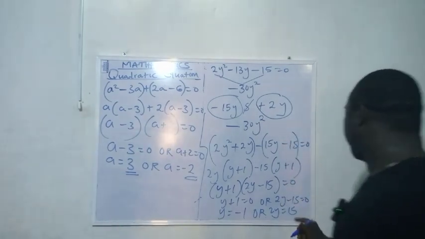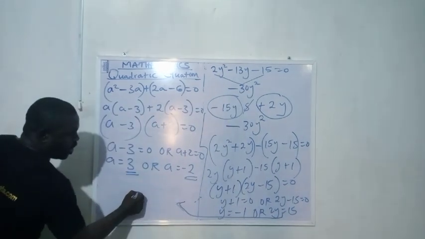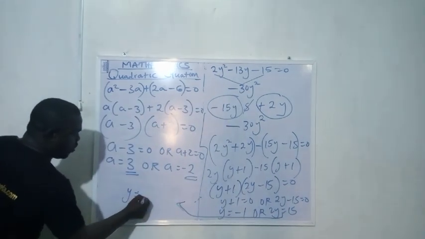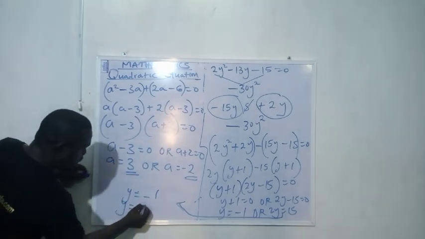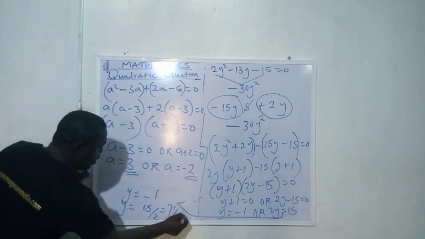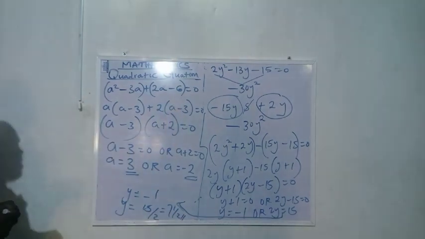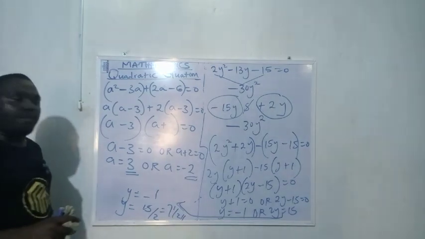So to save time, we can say that y therefore is minus 1, or y is 15 over 2, which is 7 and 1 over 2. That's the end of the class.